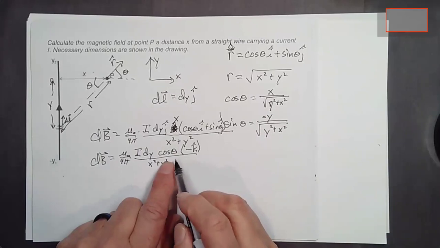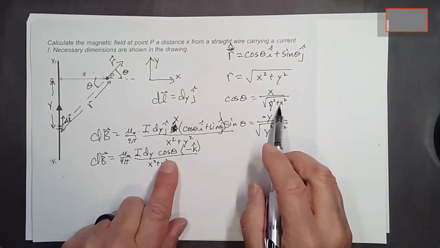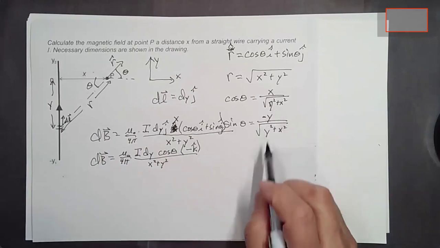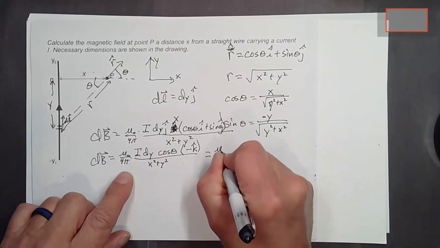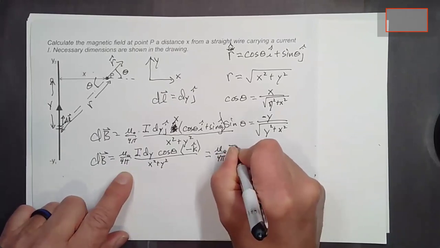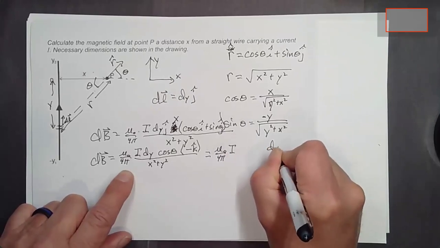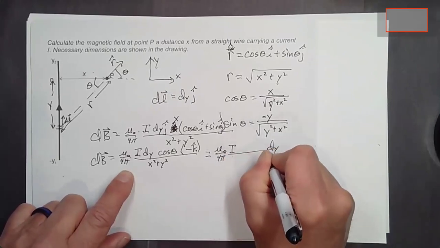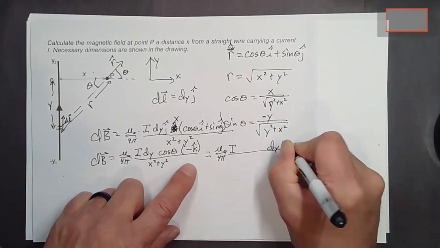Now I can reintroduce my expression for the cosine of theta here. And I'll have mu naught over 4 pi. I'm going to take the dy and put it out here at the end, and then the minus k hat as well.